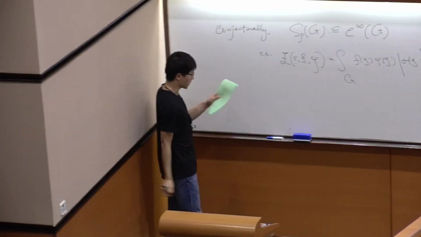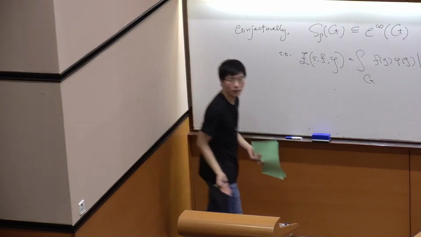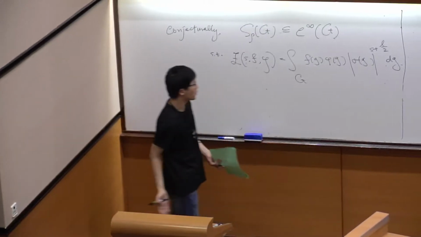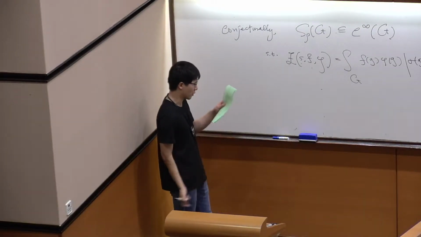Then it has parallel properties to the Godement-Jacquet case. For instance, you have the absolute convergence when the real part is sufficiently large, and then you have the meromorphic continuation and the GCD property, and you have the functional equation.